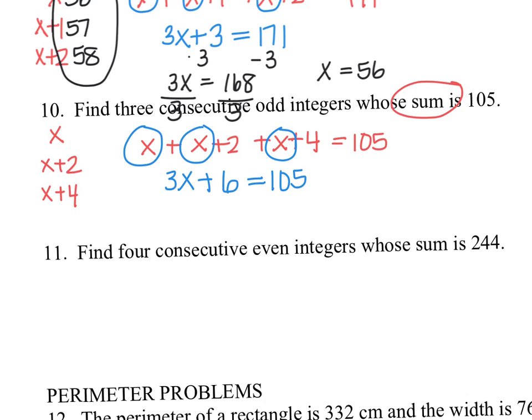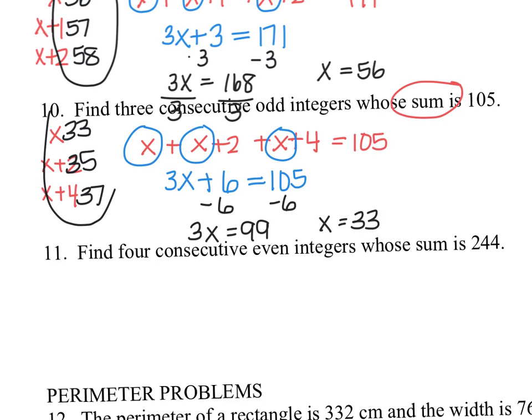Then solve for x. Subtract 6 on both sides. 3x equals 99, so x equals 33. That means our first odd number was 33, our next one would be 35, and our last one is 37. If you add up those three odd numbers, you get to 105.